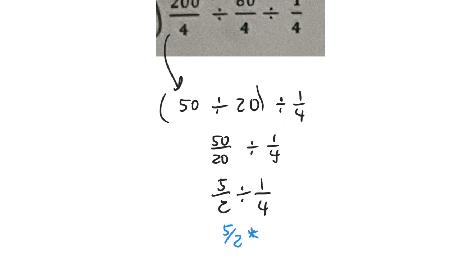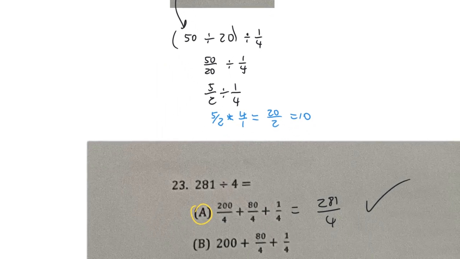And then we would flip the second fraction, meaning flip it upside down. So that becomes 4 over 1. Multiplying straight across would give us 5 times 4 is 20. 2 times 1 is 2, and that's 10. And that is most definitely not the same as 281 divided by 4. All right, so that is how you do 23.